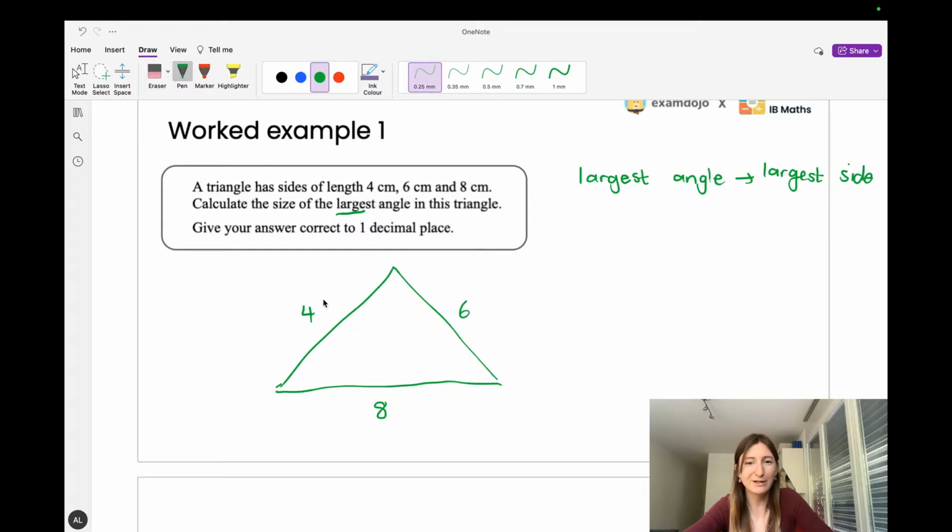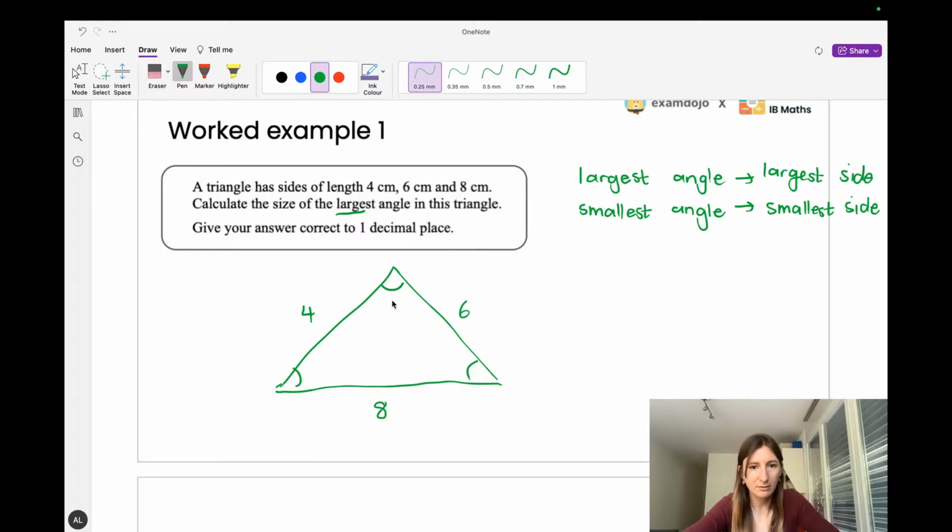So don't go and calculate all 3 angles. Just pick the one opposite the largest side. So smallest angle is opposite the smallest side. It's a useful tip there. So let's label this triangle.